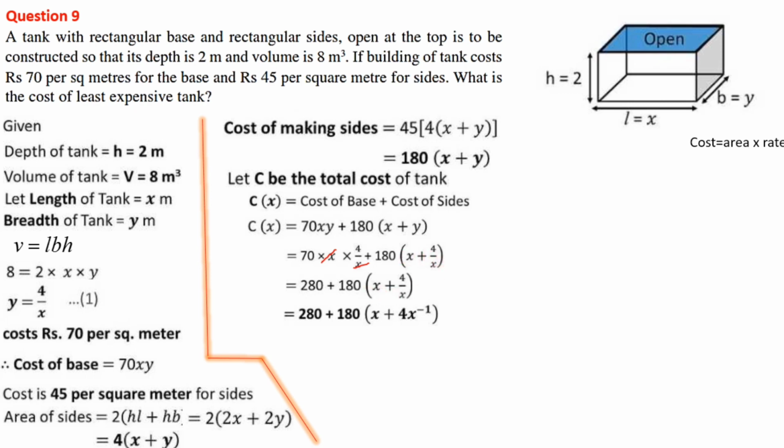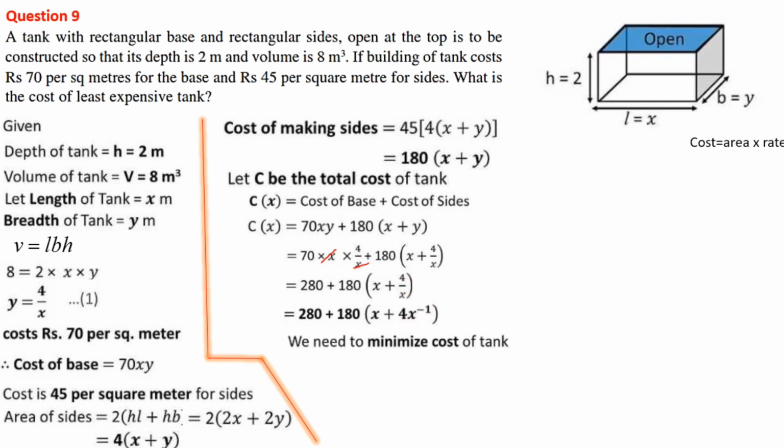So 280 plus 190 into x plus 4 divided by x. Take this x to the numerator, that means 4x power minus 1 will be coming.